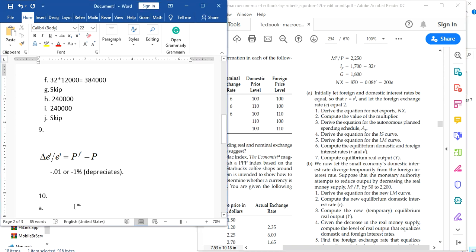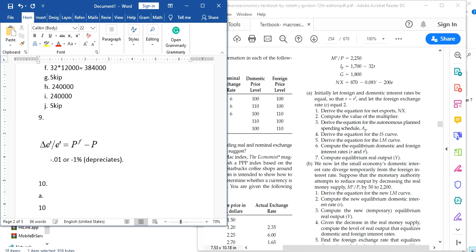So we have A1. Derive the equation for net exports.